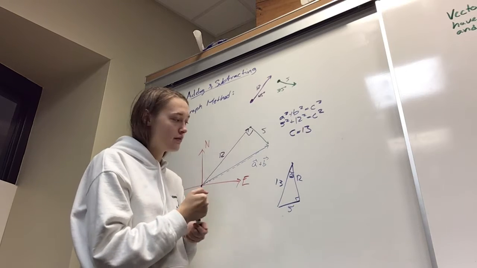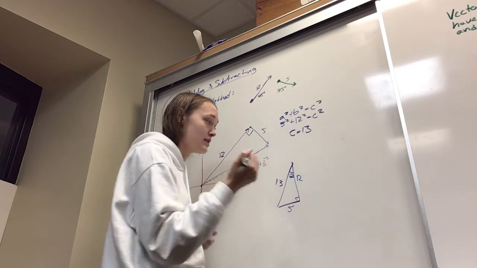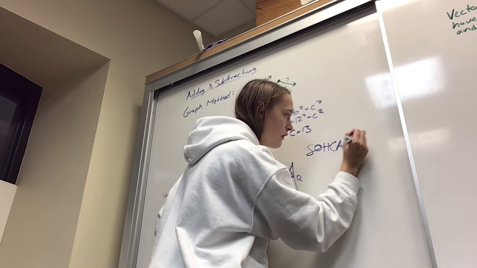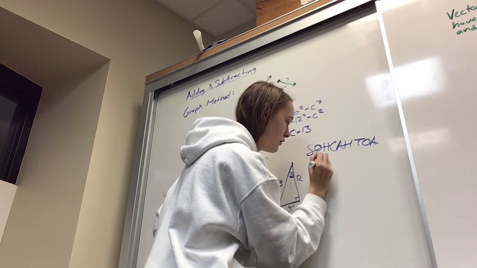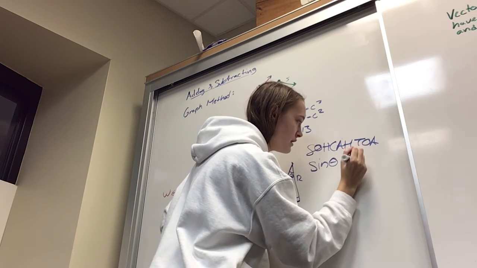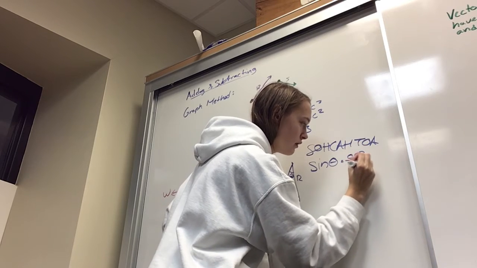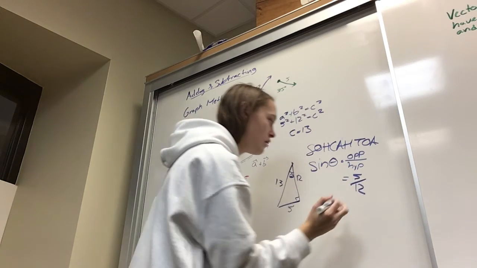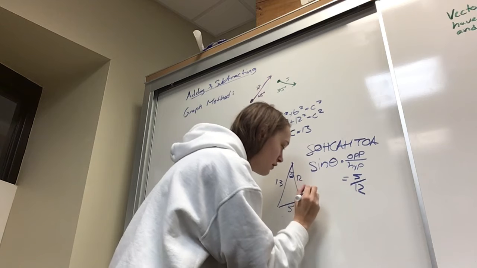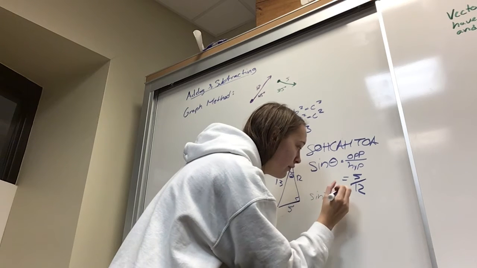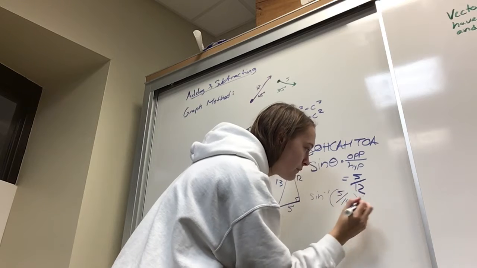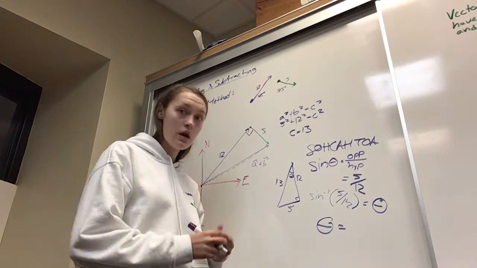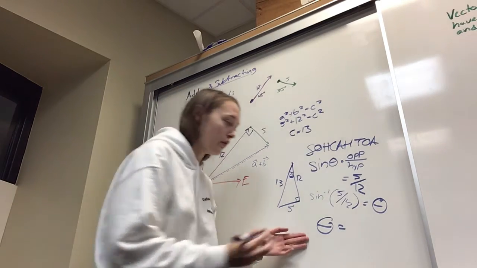So if we take the sine of this angle, sine of theta is opposite over hypotenuse, which is 5 over 12. And then we take the inverse sine of both sides, so sine inverse of 5/12 to get theta, which, using our trusty calculator, we find that theta would equal about 24 degrees.